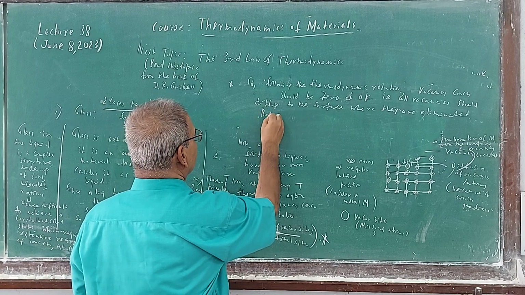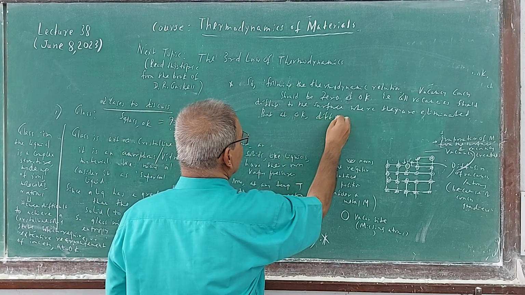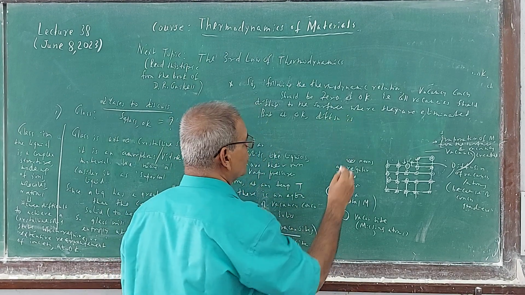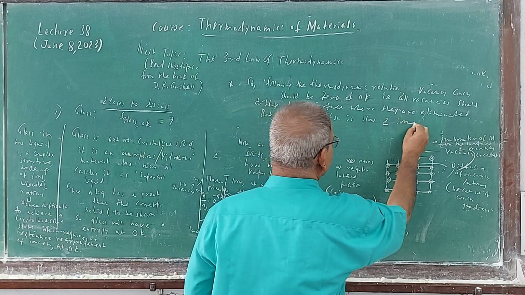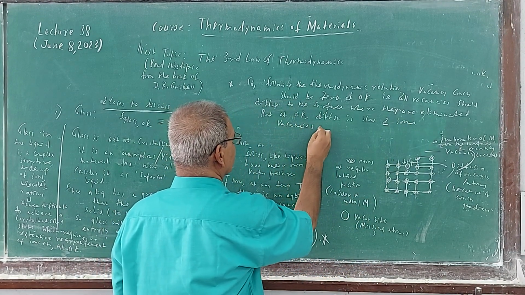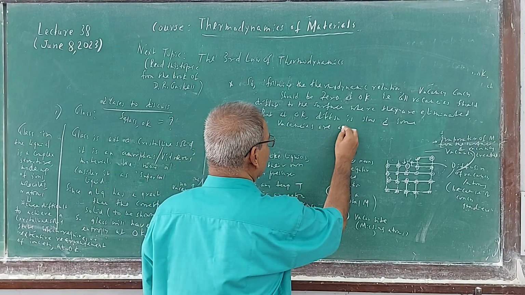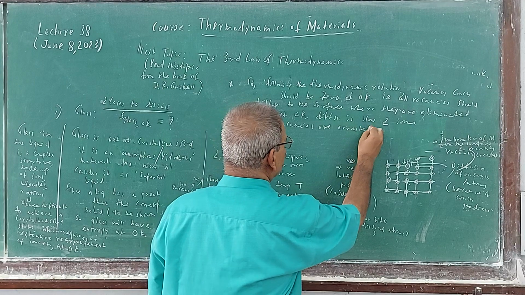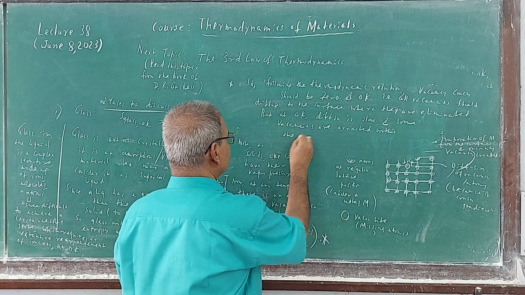But at 0 Kelvin, diffusion is slow, and some vacancies are arrested, locked within the crystal, within the solid.